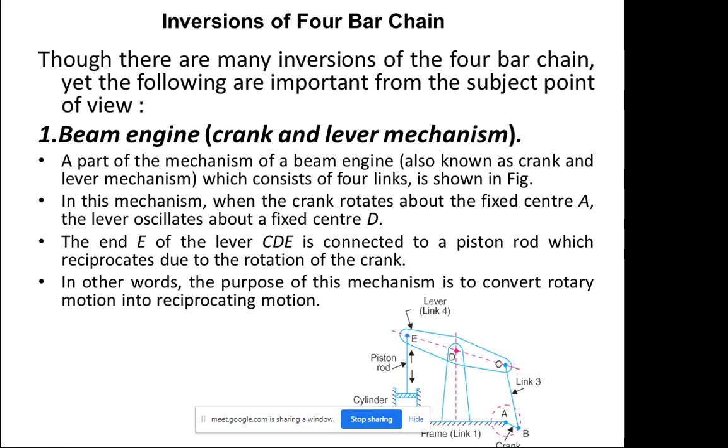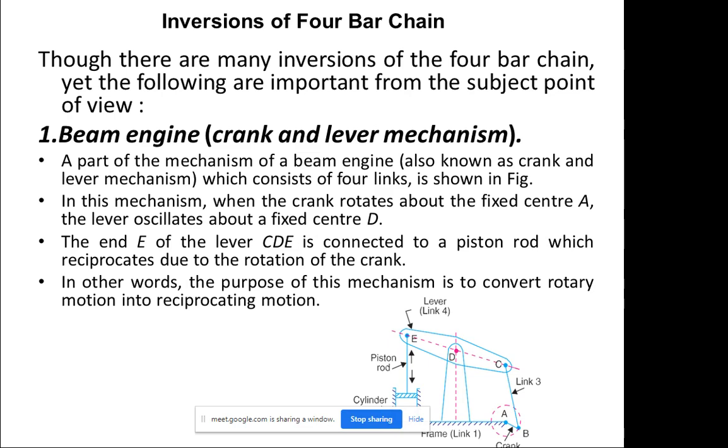In this figure you can see the next type of inversion is the crank and lever mechanism with beam engine. The beam engine is one example of a crank and lever mechanism, which consists of 4 links, and you can see the figure at the bottom. What happens in this?